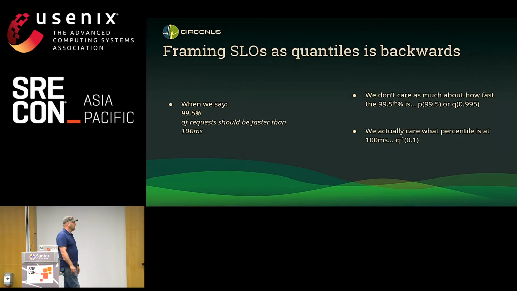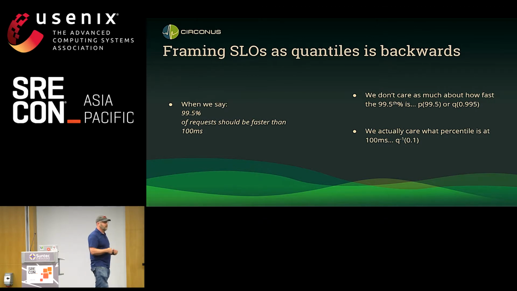So, talking about SLOs very specifically. These are the main takeaways. When we say 99.5% of requests should be faster than 100 milliseconds, we're not actually caring as much about what the 99.5% is. We're caring about the 100 milliseconds more, as SREs. That's really what our objective is.